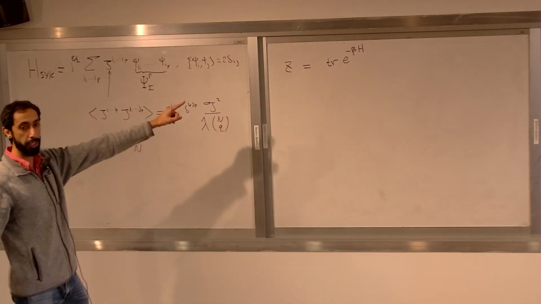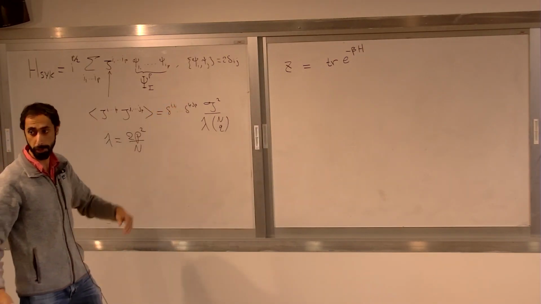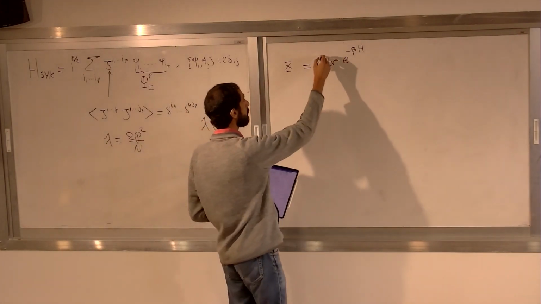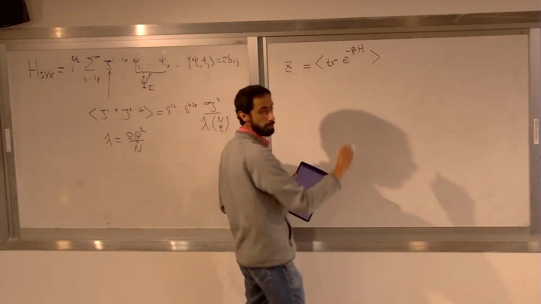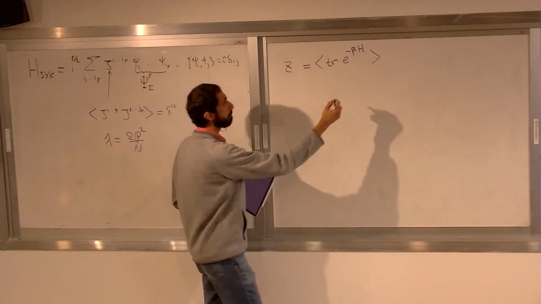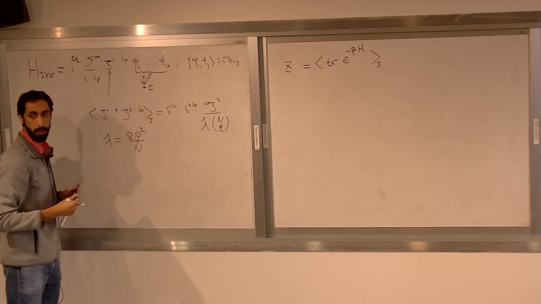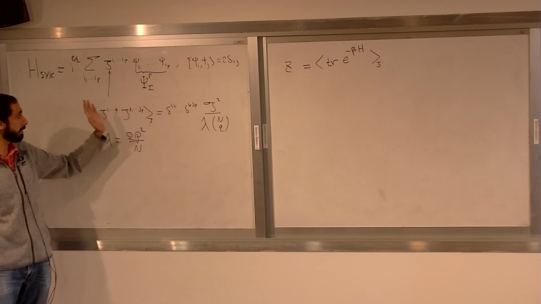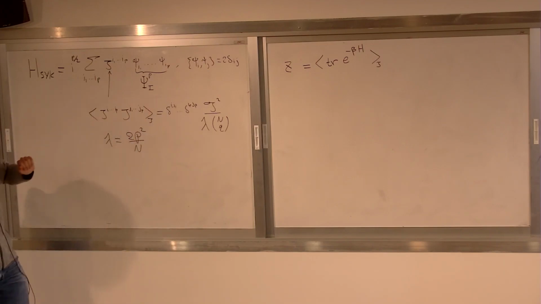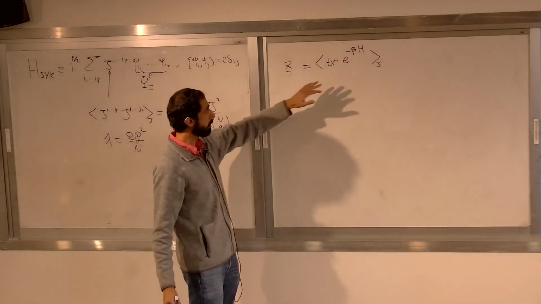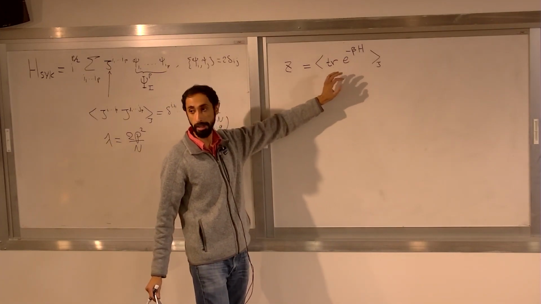This thing is a horrible thing to compute, anything about it is horrible, unless you also average over J. Once you declare that your J is a random number with this distribution, this is a lot easier to compute.